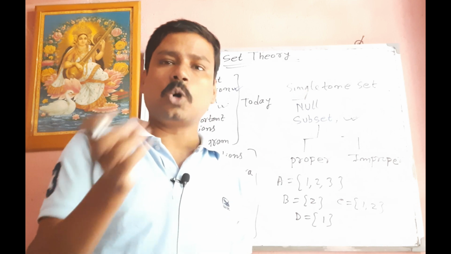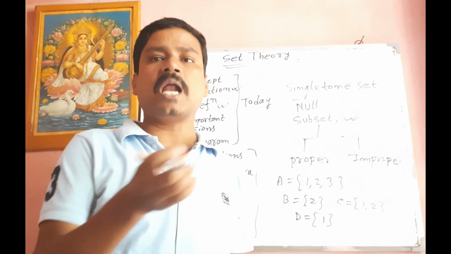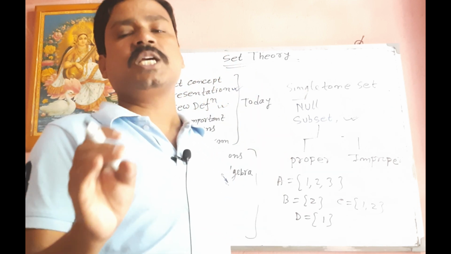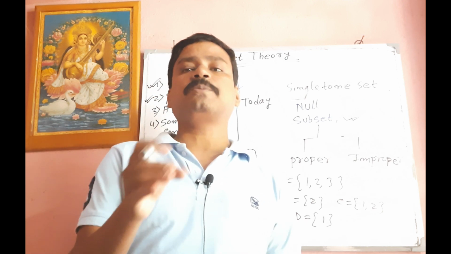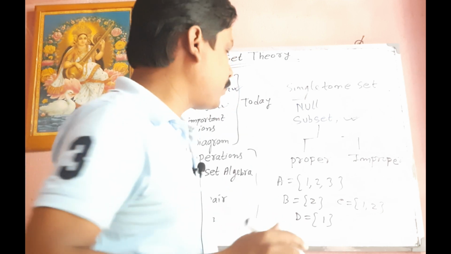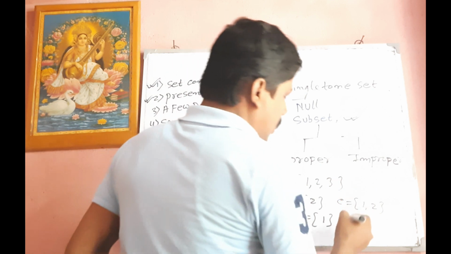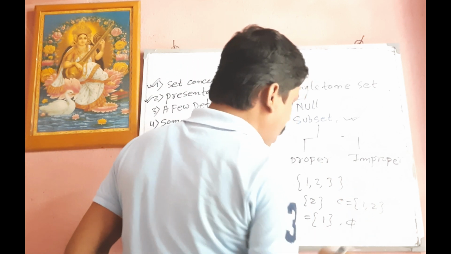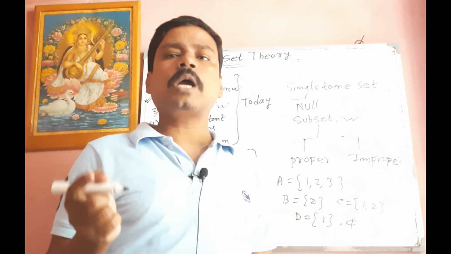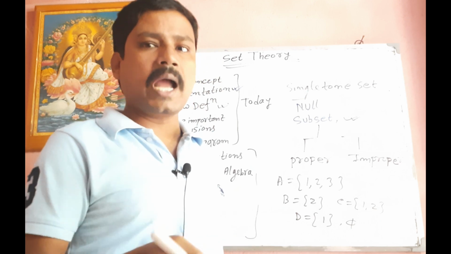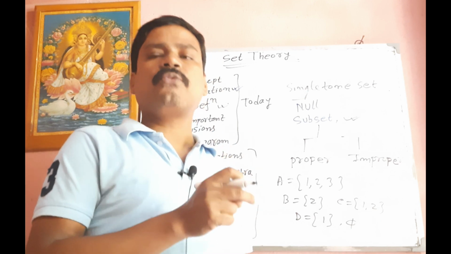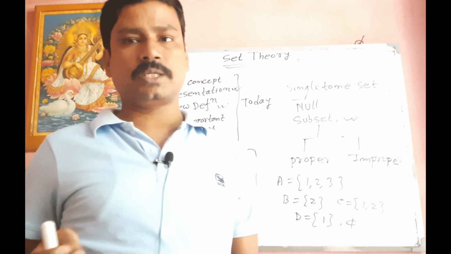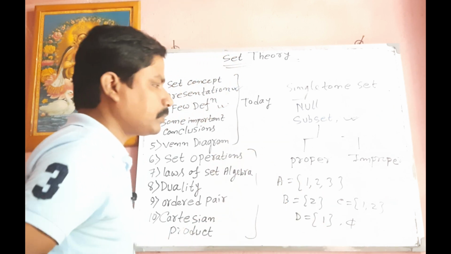If some elements of the main set are taken and build a set, then these sets are called proper subsets of the main set. And similarly, according to our modern concept, phi is defined as a proper subset of A.